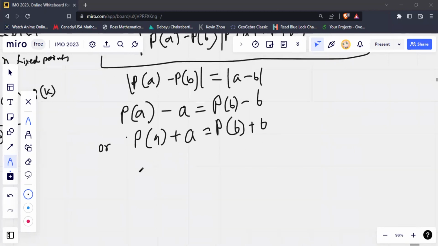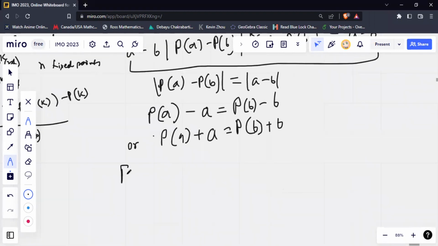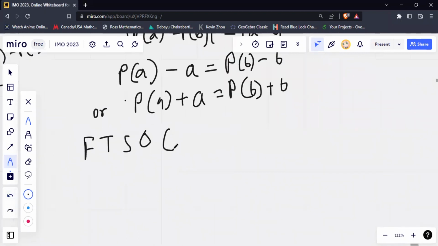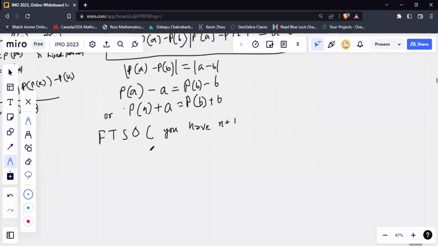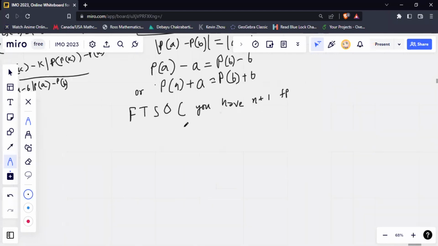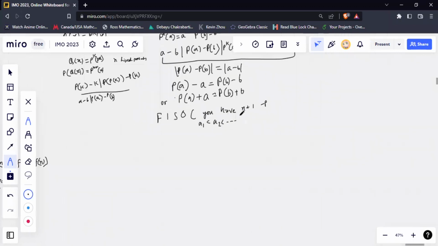Also, say for the sake of contradiction, if you have n plus one fixed points, then P of X minus X is... Like if you have n plus one fixed points, say they're distinct, right?